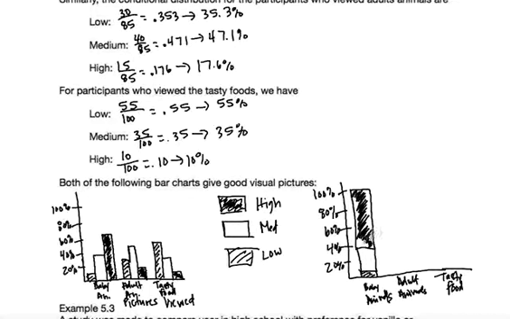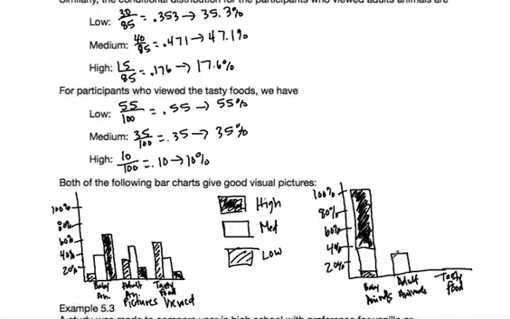It's just done in a different way, a different type of representation. Okay, for adult animals with low focus, they had 35.3%.